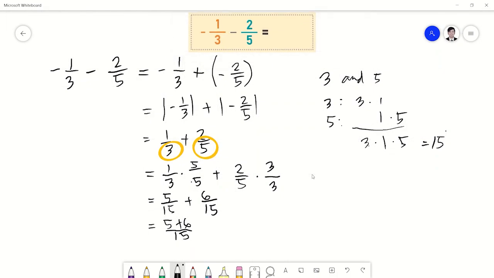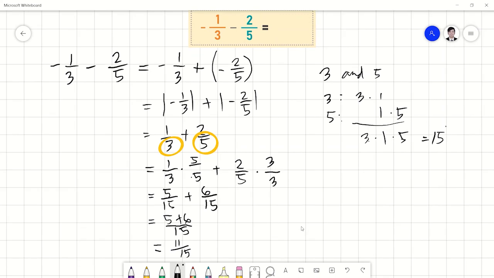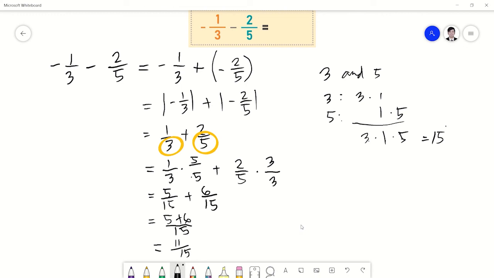Okay, now 5 plus 6 is 11 over 15. Okay, now how about the sign? What will be the sign now? So going back to our given where it's already addition, if you compare the absolute value of these two numbers, no need because they have the same sign.